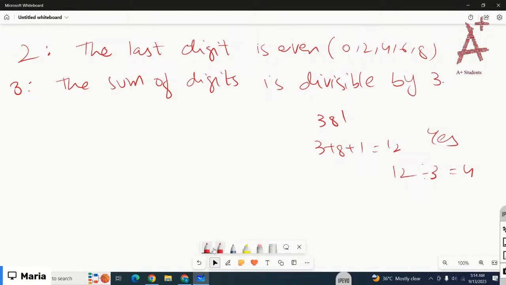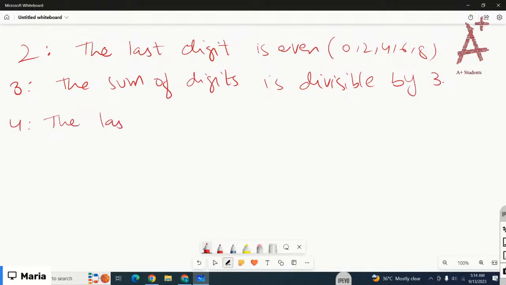The divisibility rule for 4: the last two digits are divisible by 4. For example, you have the number 1312.